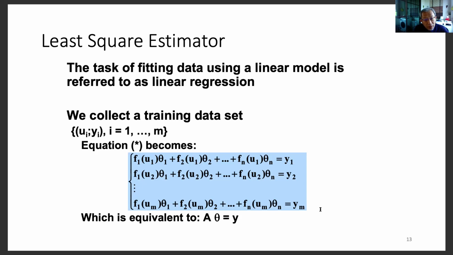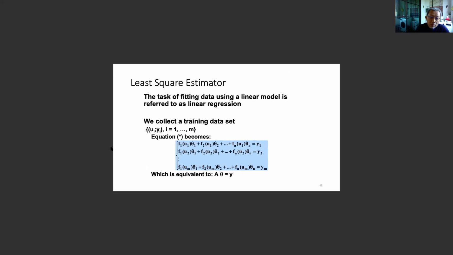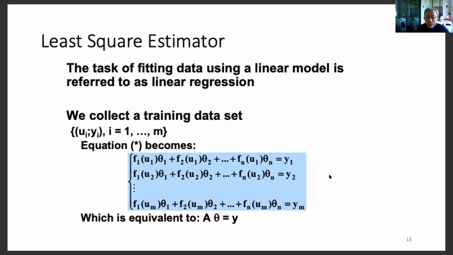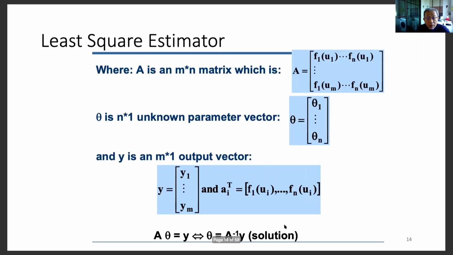So we collect the data, which is known as u and y, and the equation will become the one in the blue box, okay, which is equivalent to A theta = y, where A is the f1 function of the input until the final data, theta is the unknown parameter, and y is the output, okay.